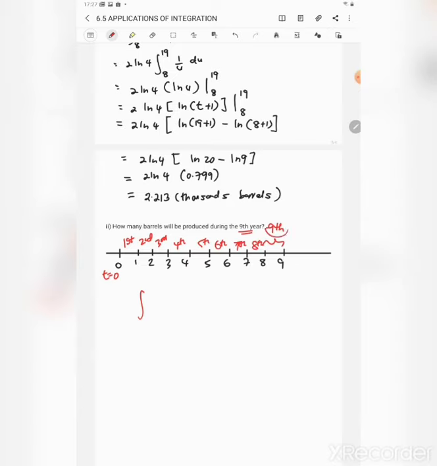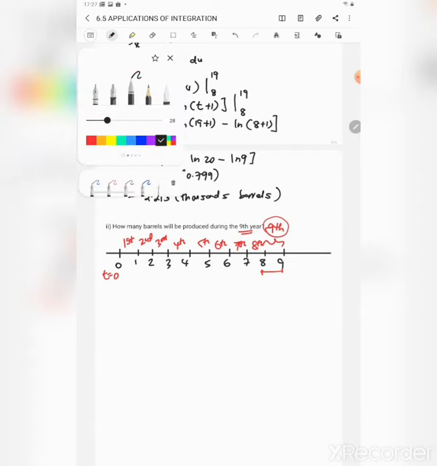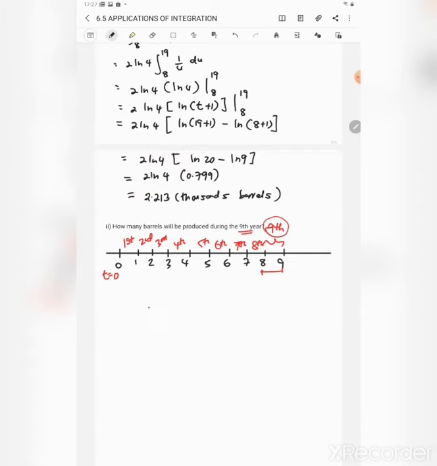The 9th year is in between 8 and 9. So for the integral, we write from 8 to 9 of Q prime t dt.